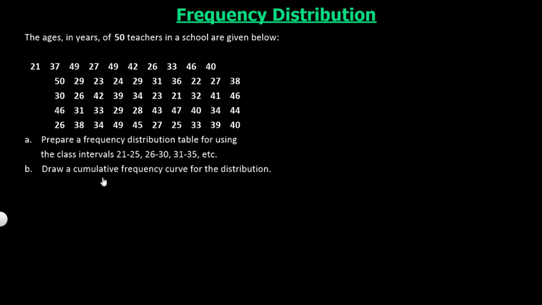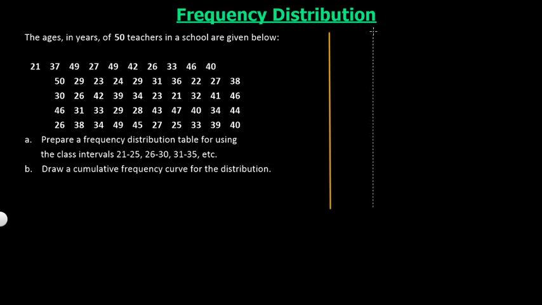So since we are dealing with cumulative frequency curve, our frequency table, because this is raw data, is going to be constructed in such a way that we are going to have a column for class interval, which is what has been given here. We'll just put it in the column.